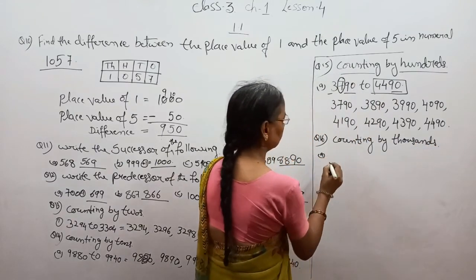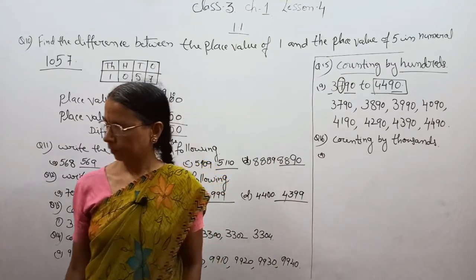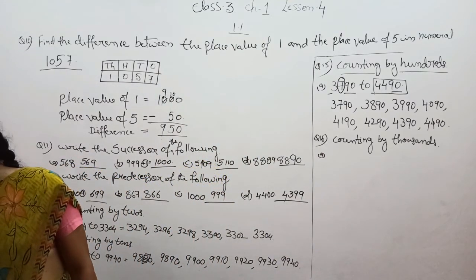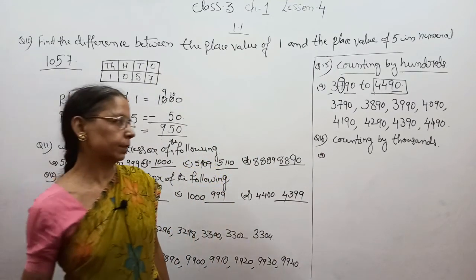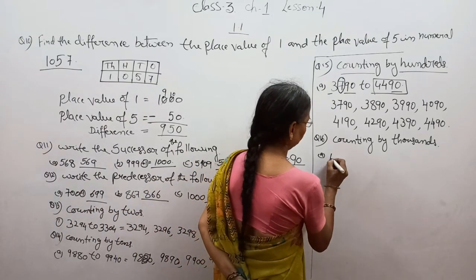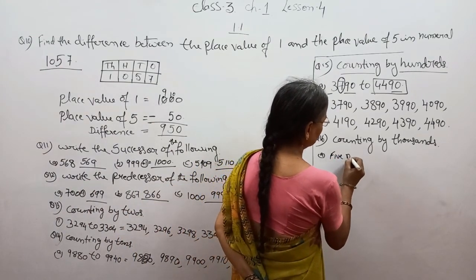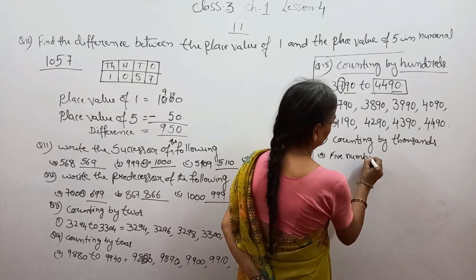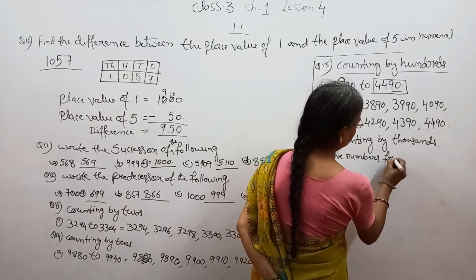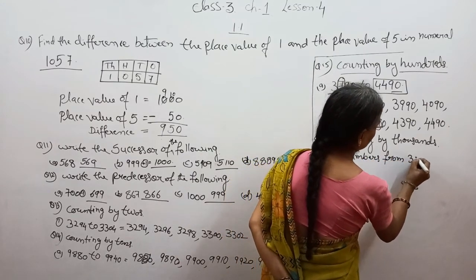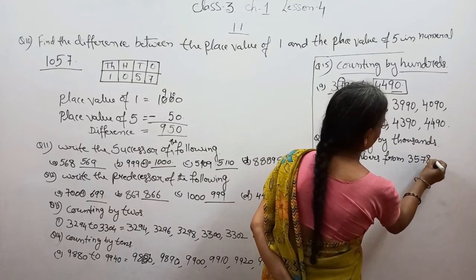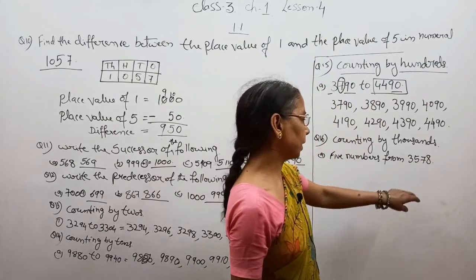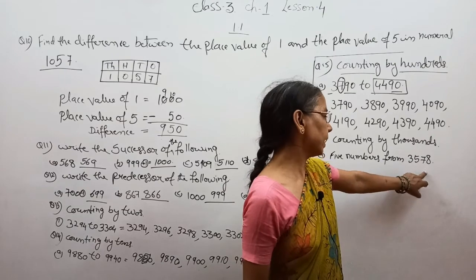Question number 1, write 5 numbers from 3,578. अब हमें नंबर लेना है स्टार्टिंग 3,578.